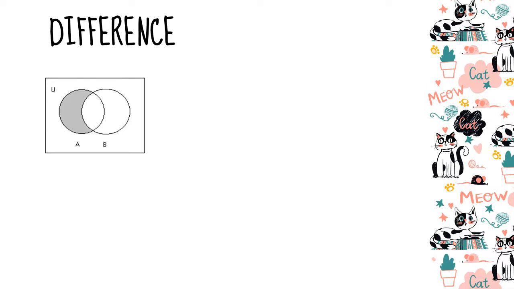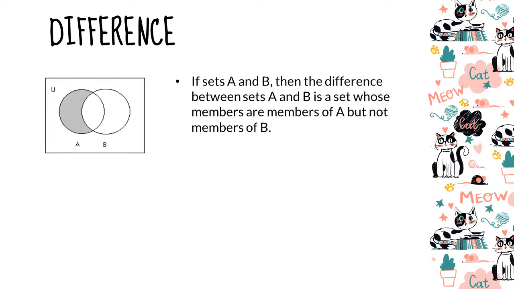Difference. If sets A and B, then the difference between sets A and B is a set whose members are members of A but not members of B. The notation: A minus B equals {x | x is a member of A and x is not a member of B}.